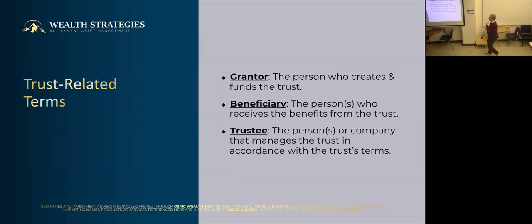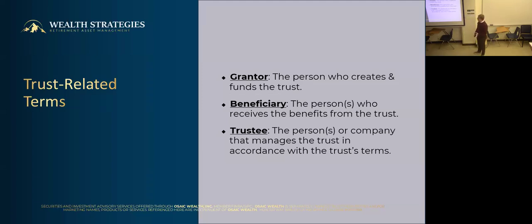So a couple terms to know about trusts. You've got three main things. You've got your grantor, which is usually you or the person who creates and funds the trust. So somebody that creates the trust as an entity or as the revocable trust and then transfers assets into it. That's going to be your grantor.